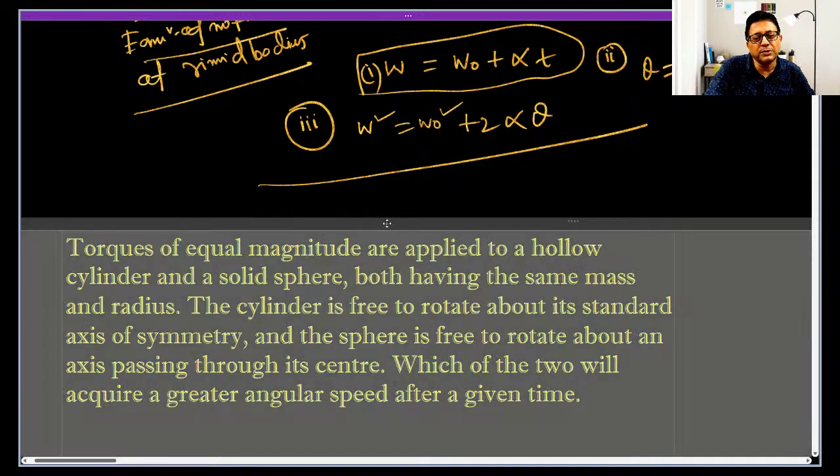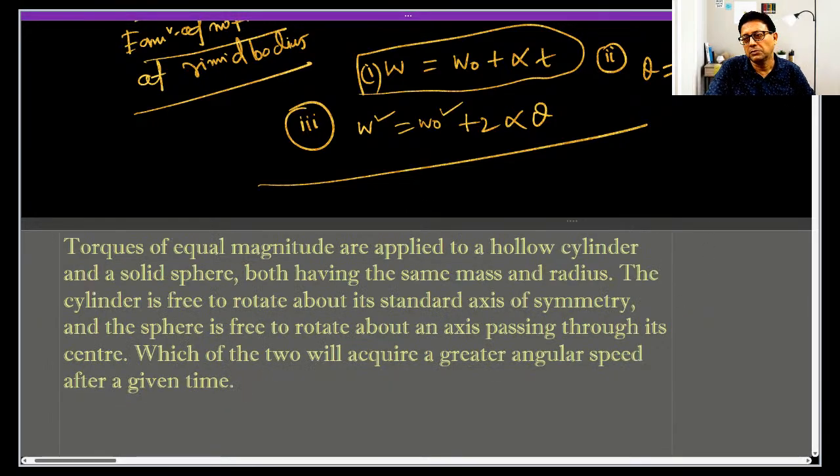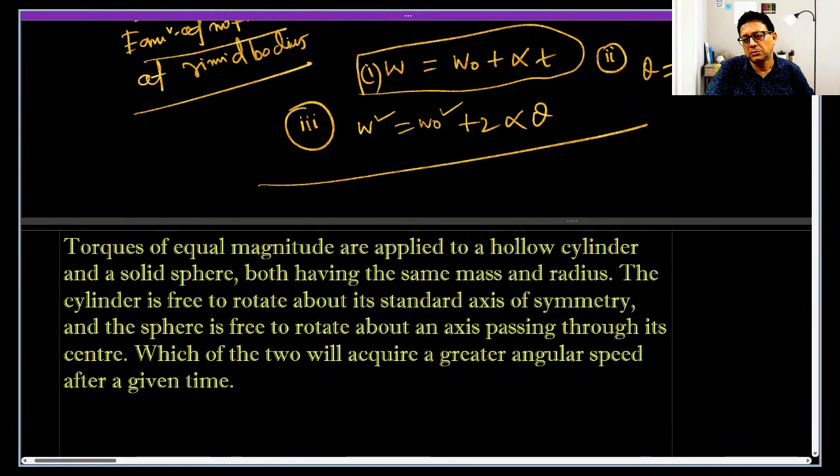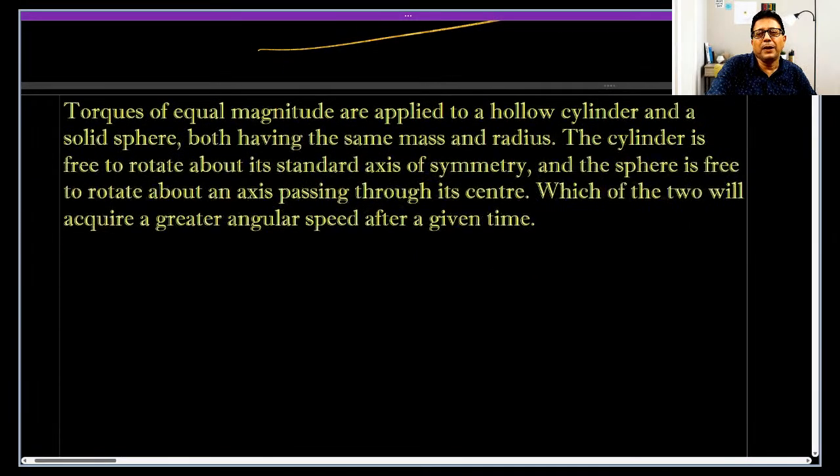Read the sum: torques of equal magnitude are applied to a hollow cylinder and a solid sphere, both having the same mass and radius. The cylinder is free to rotate about its standard axis of symmetry. The sphere is free to rotate about an axis passing through its center.